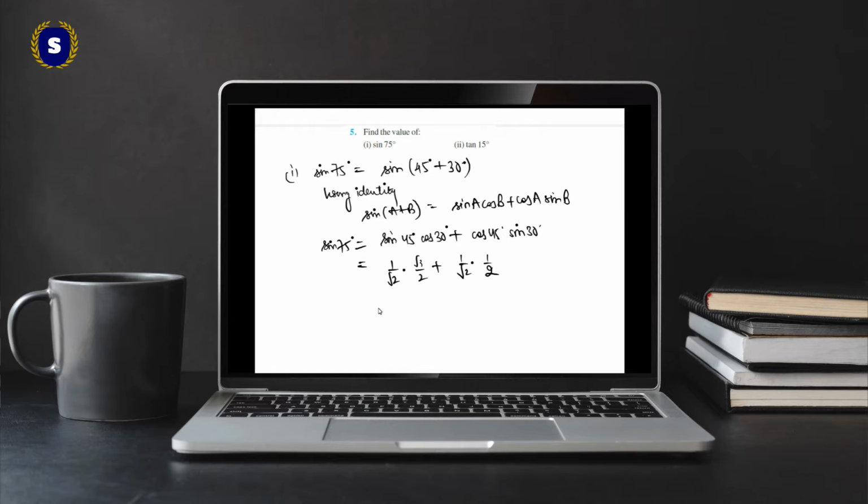So it will become root 3 by 2 root 2 plus 1 by 2 root 2.